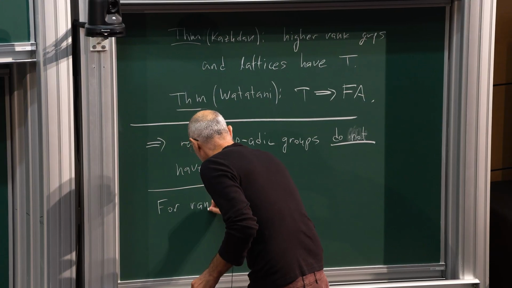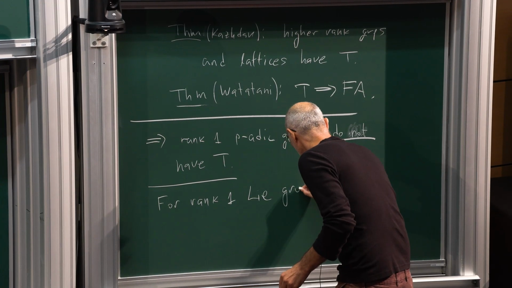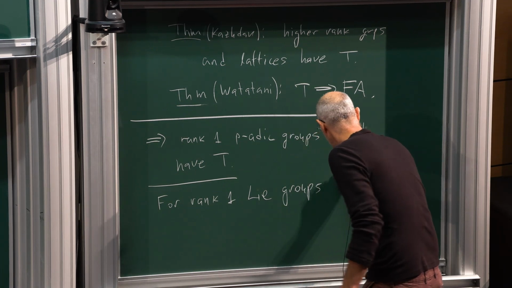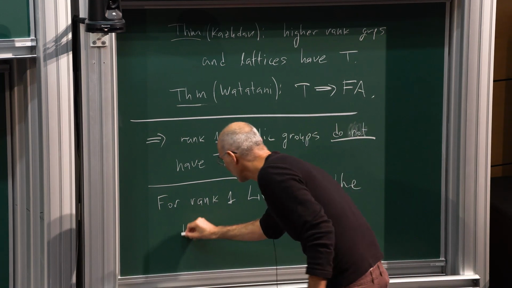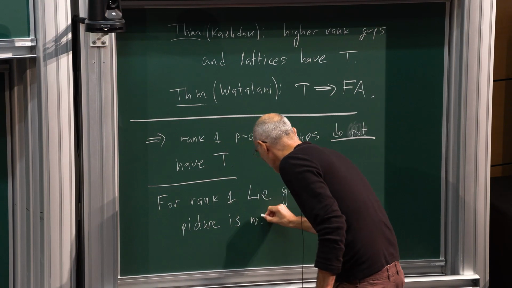For rank 1 Lie groups, the picture is more complicated.